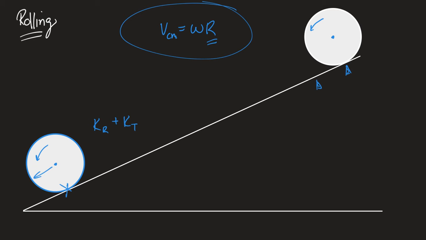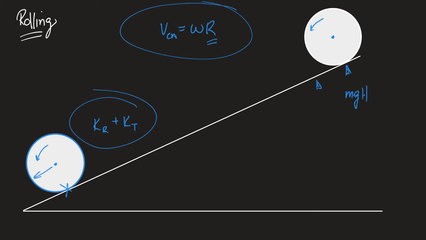So for us, I want to just be very clear at the onset that when we talk about rolling, we tend to be talking about how the motion of the center of mass is moving, which is why in a problem like this, we would probably make comparisons between the gravitational potential energy the system has at the start and the combination of kinetic energies it has at any point beyond this.